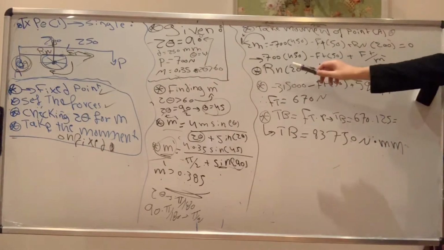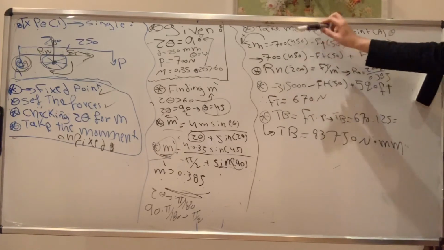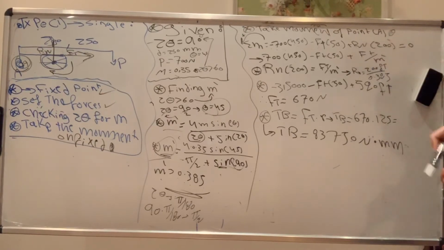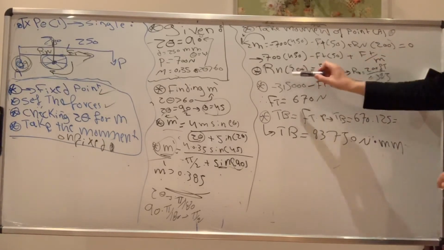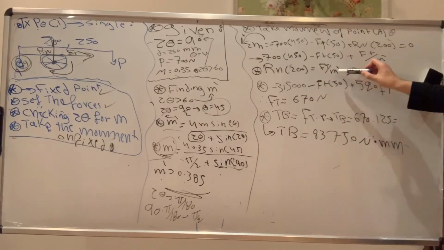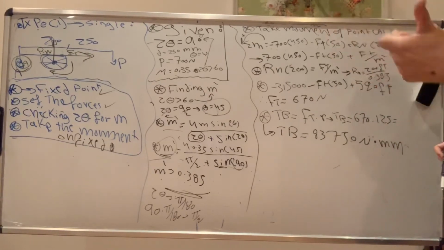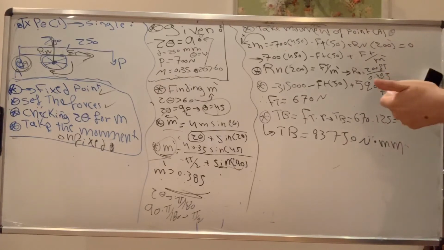So, as I repeat again, the RN is equal to FT over m dash, the equation that I explained before.